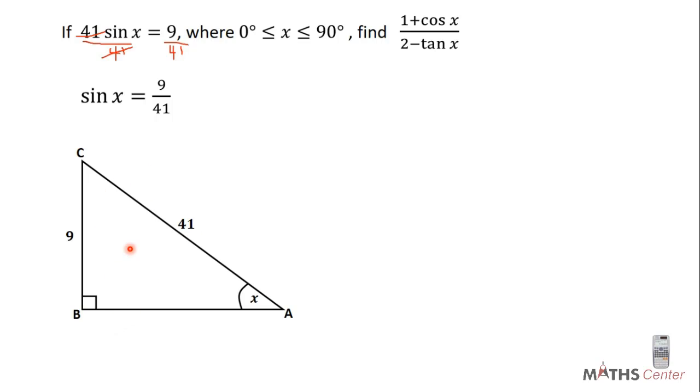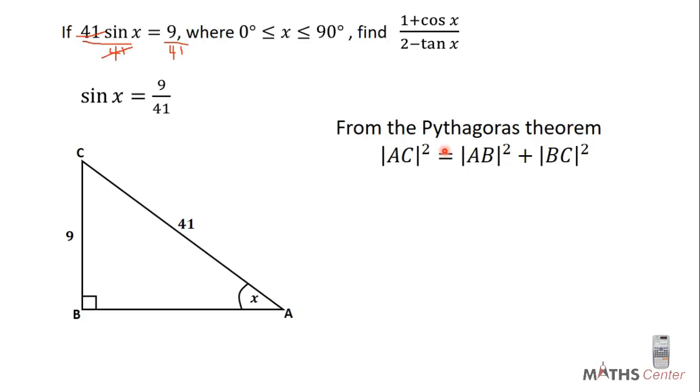This is a right-angled triangle. We can apply the Pythagoras theorem. From the Pythagoras theorem, we know that AC squared is equal to AB squared plus BC squared.